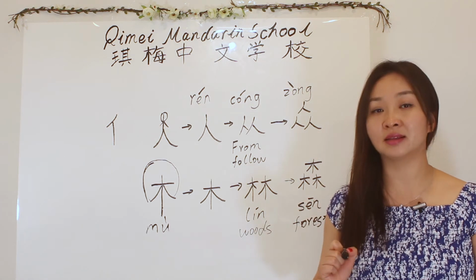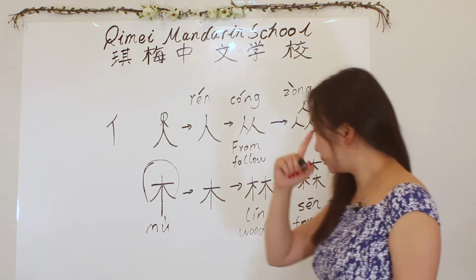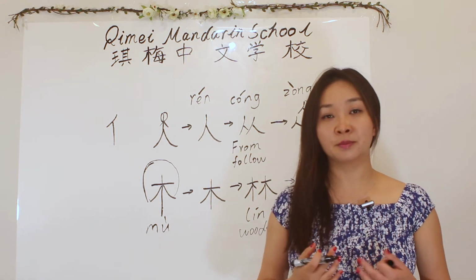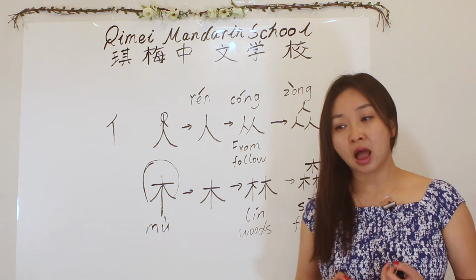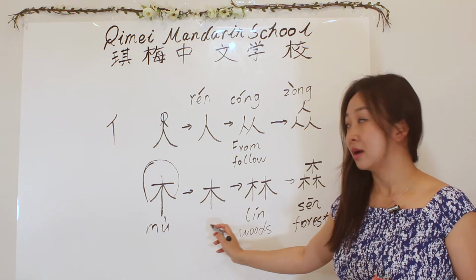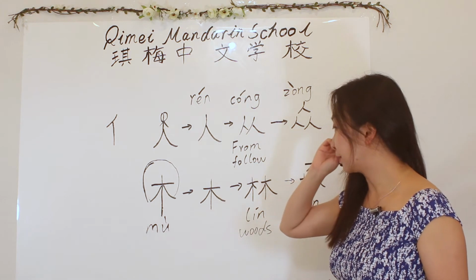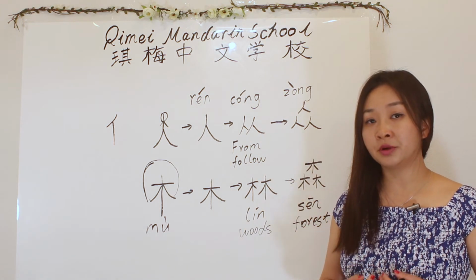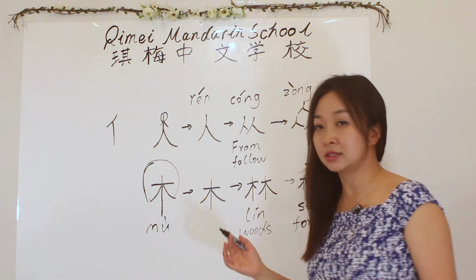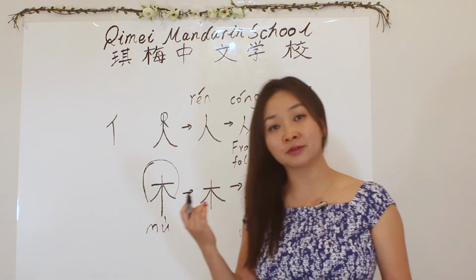Okay, so let's look at another one. Let's think about this. There's a person running in the woods, right? And then after a while, he feels very tired. So he sees a tree. So he just leans on the tree and has a break.